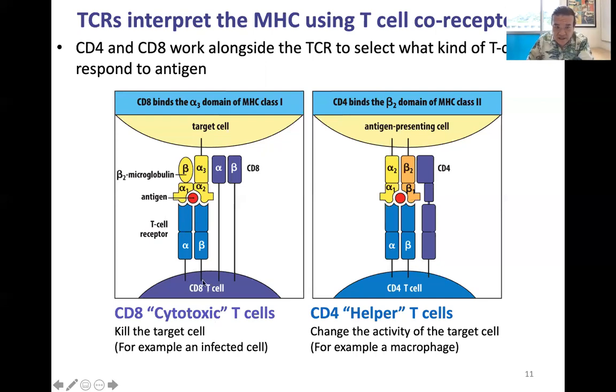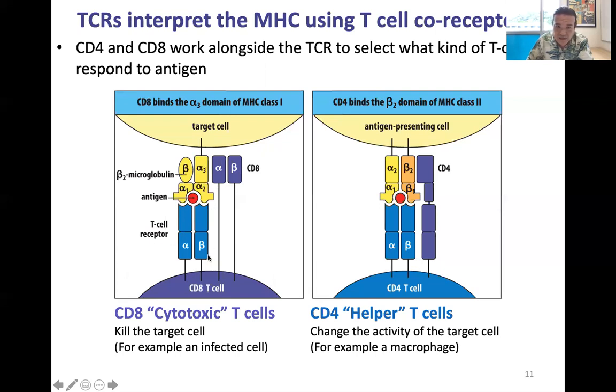The cytotoxic T cells can tell that this is MHC1 because it has another type of co-receptor on its surface to help interpret what kind of MHC this is. And that receptor is called CD8. So CD8 in purple here is also made up of two chains. And these are the right shape so that when the T cell receptor binds to the MHC, the CD8, which is also on the surface here, cruises around and bumps into this.